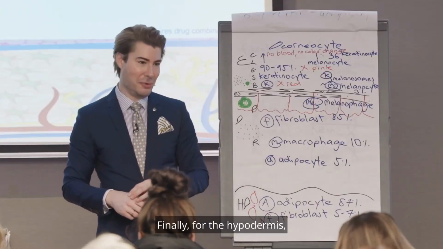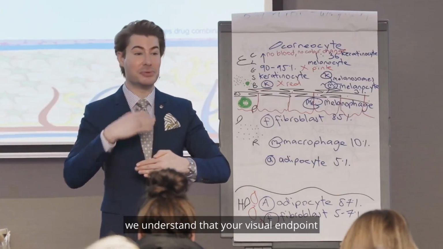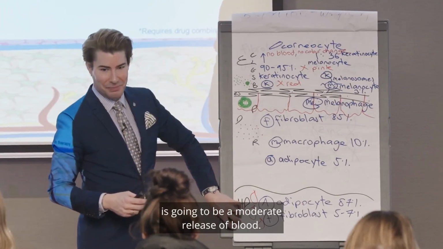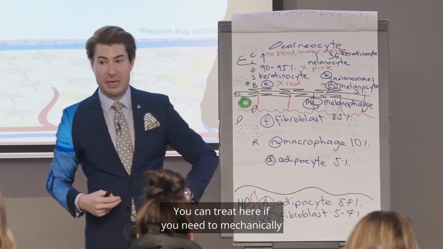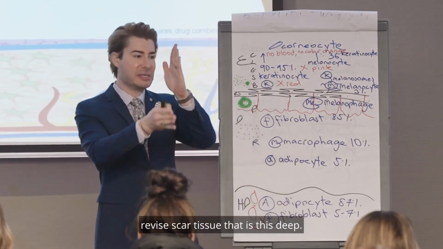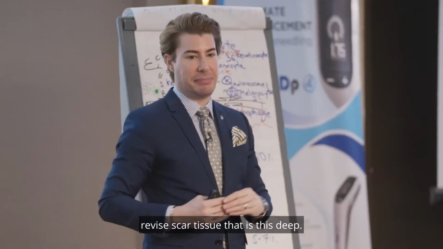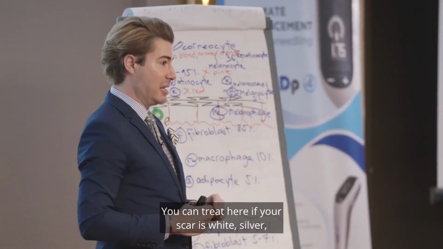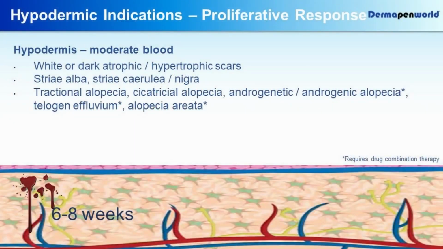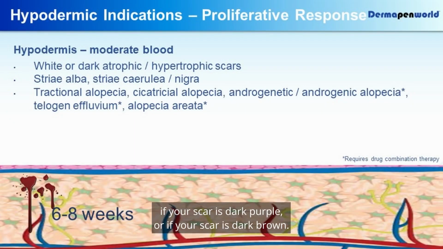Finally, for the hypodermis, we understand that your visual endpoint is going to be a moderate release of blood. You can treat here if you need to mechanically revise scar tissue that is this deep. You can treat here if your scar is white, silver, if your scar is dark purple, or if your scar is dark brown.